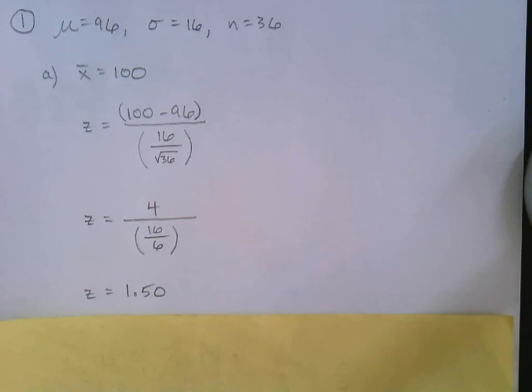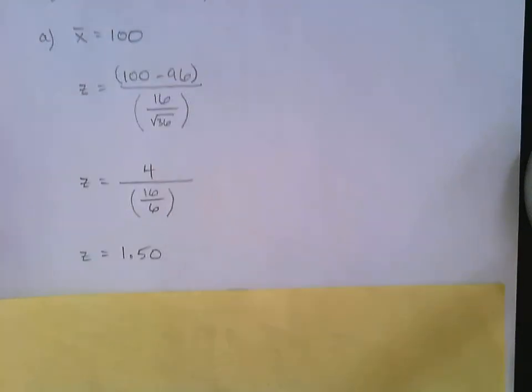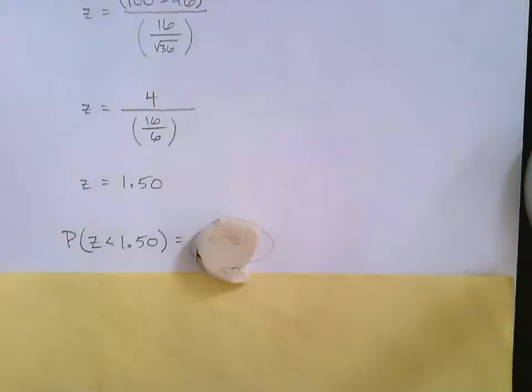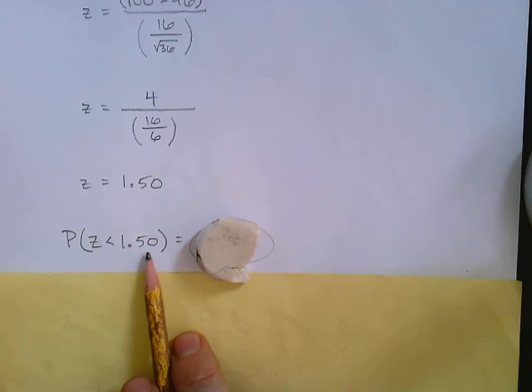From here, we go back to the problem. We're trying to find the probability that the sample mean is less than 100. So we're looking for the probability that z is less than 1.50.